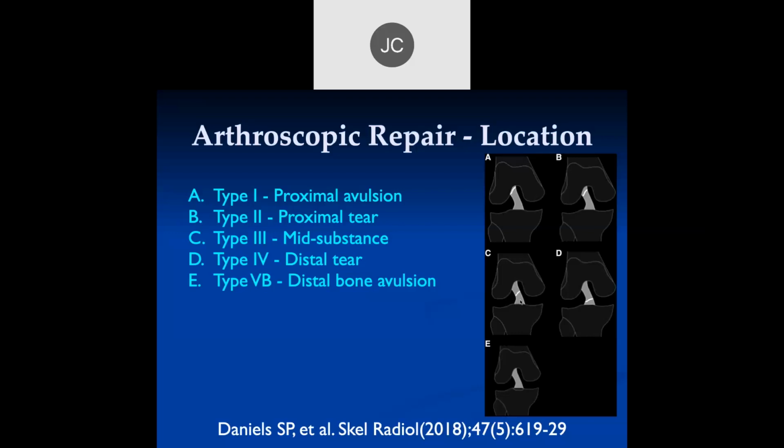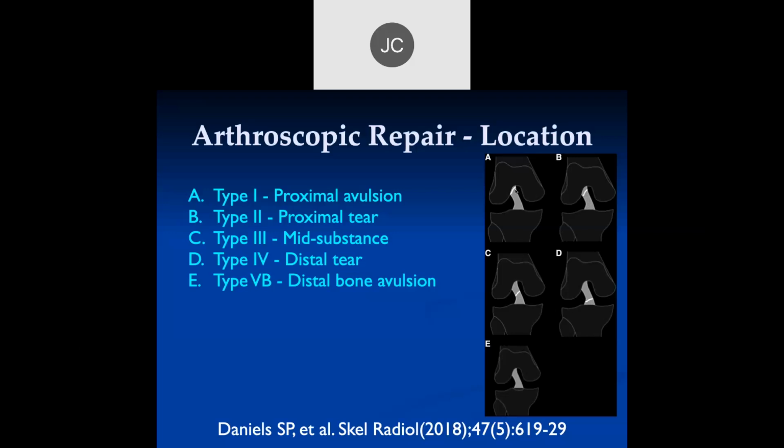So we talked about the different locations of the tears. These have been graded like everything else in the world. Type 1 is really at the bone ligament interface at the femur. Type 2 is a proximal tear in the ligament itself. Type 3 is a mid-substance tear. Type 4 is a distal tear, and then you got the bone avulsions that we talked about.